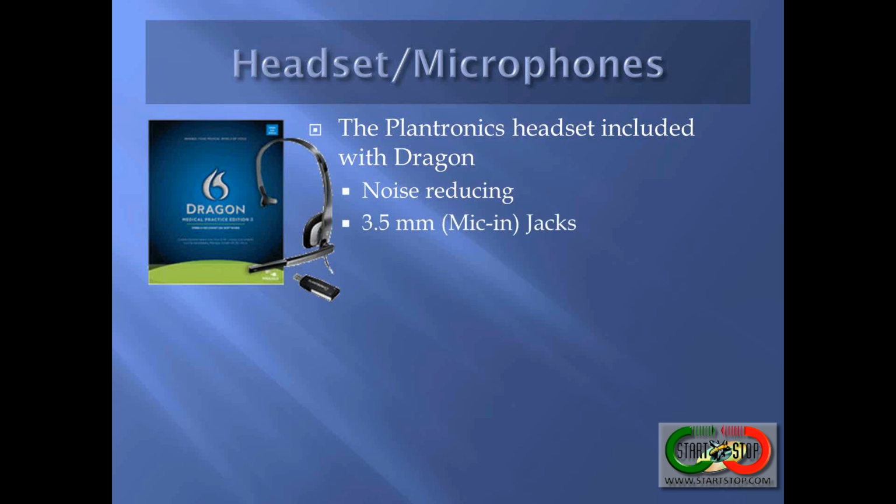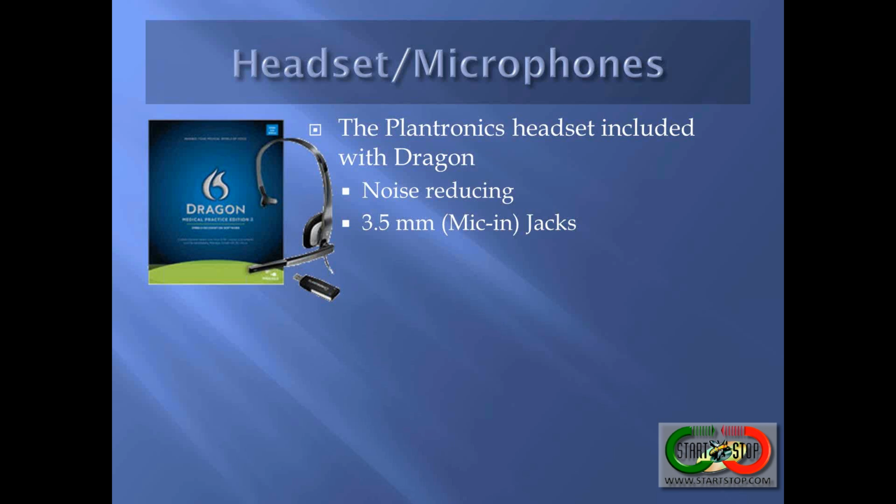This microphone has, at the end of the cord that comes out of the earpiece, two 3.5mm mic-in jacks. They're little pin-type plugs that plug into the standard old earphone jack plug, the round circle in tape recorders and radios and computers.